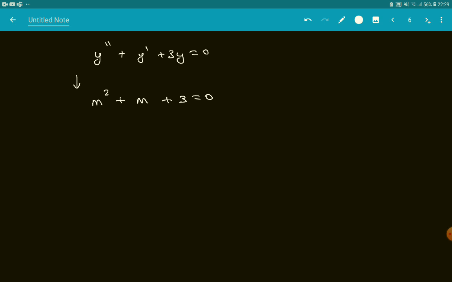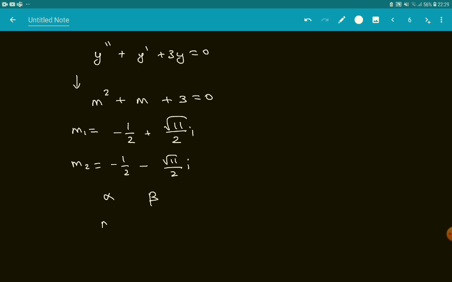There you write the coefficients for the variables, and it gives us m1 is equal to negative 1 over 2 plus square root 11 over 2 i. m2 will be negative 1 over 2 minus square root 11 over 2 i. So we need to decide what is alpha and what is beta.